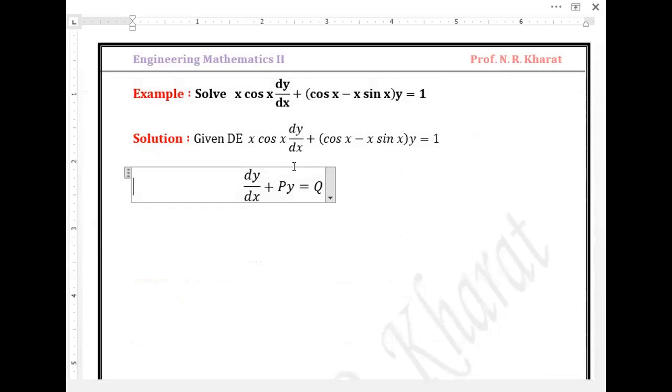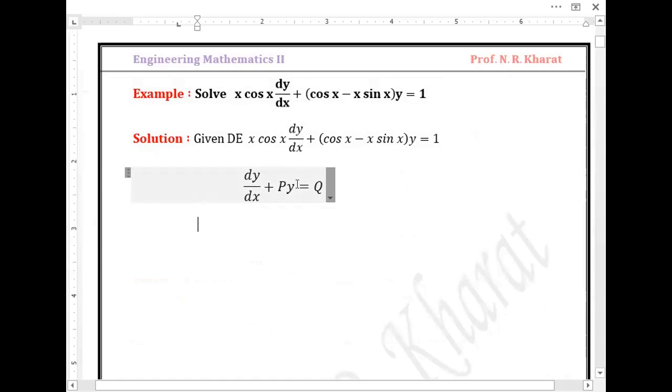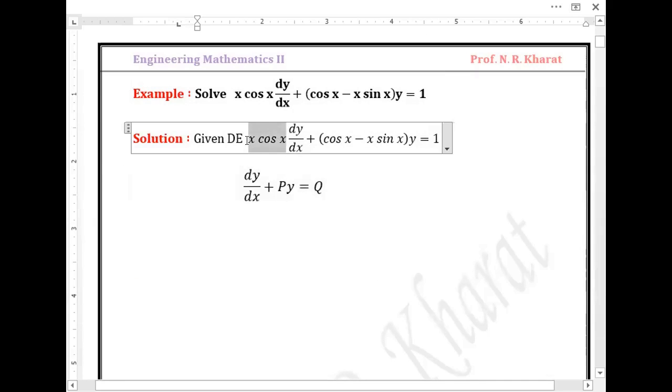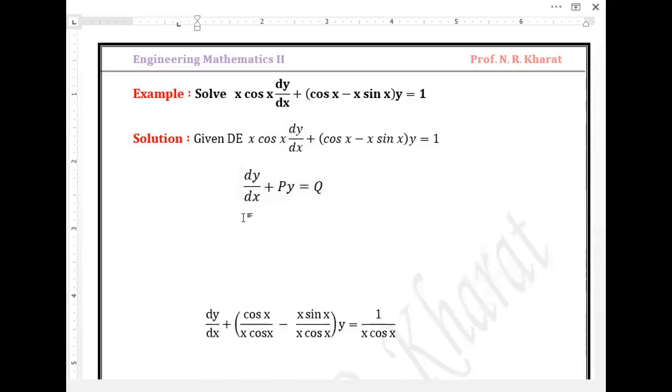When we compare the given differential equation with our linear differential equation, we observe that the coefficient of dy by dx is multiplied with x cos x. It means it is necessary to make the coefficient of dy by dx equal to 1. So we have to divide the entire differential equation by x into cos x.